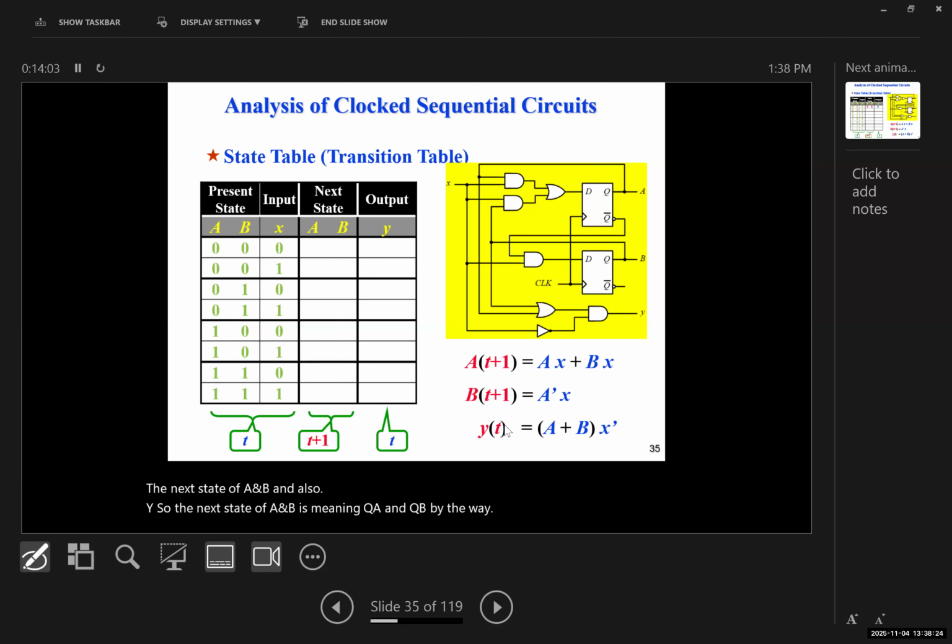Now, let's solve the first row. If A is 0, B is 0, X is 0, what would A, B and Y be? So A is 0, B is 0, and X is 0.